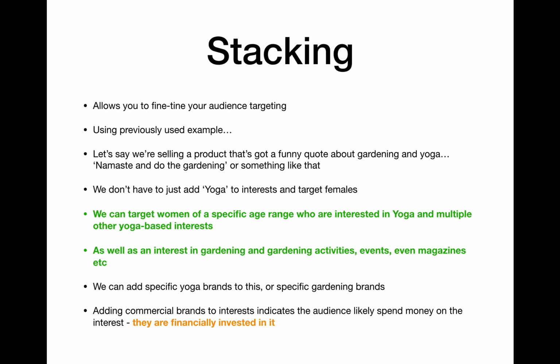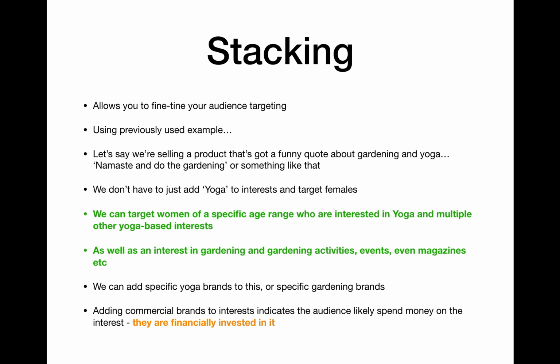We can also add specific yoga brands to this, or specific gardening brands. Adding commercial brands to interests indicates that the audience likely spends money on the interest, so they're financially invested in it and therefore are more likely to make a purchase in gardening or yoga-based advertising and websites on Facebook.